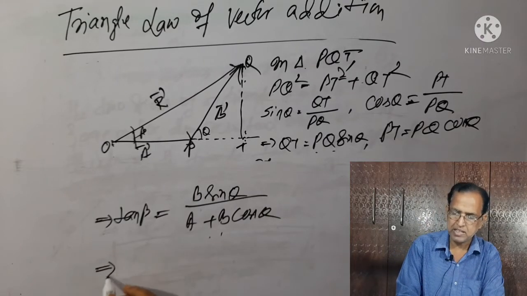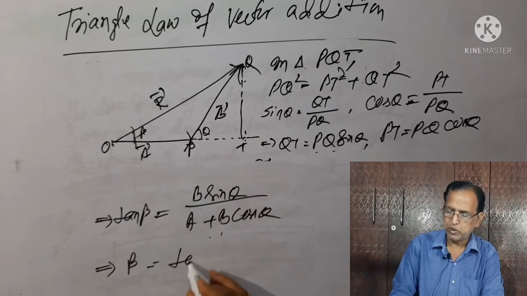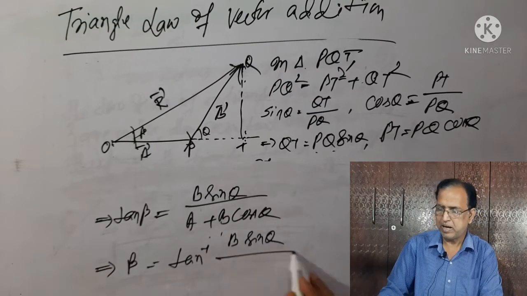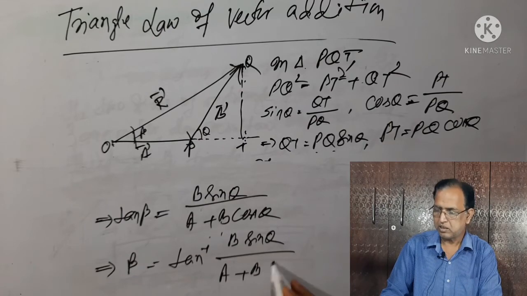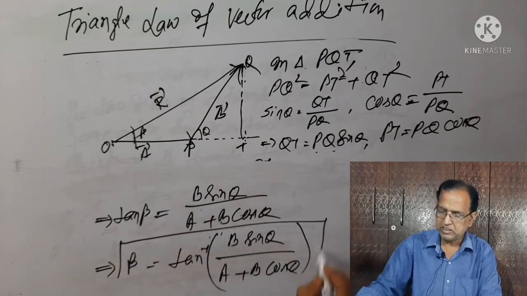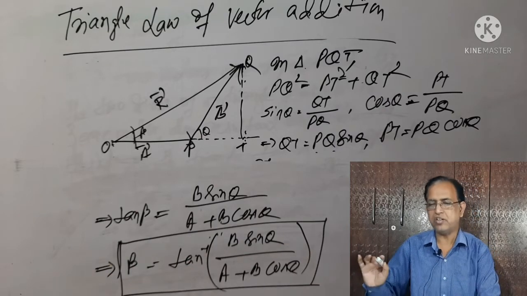So beta is equal to tan inverse of B sin theta by A plus B cos theta. This gives the direction of the resultant.